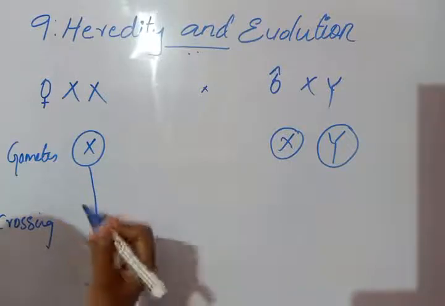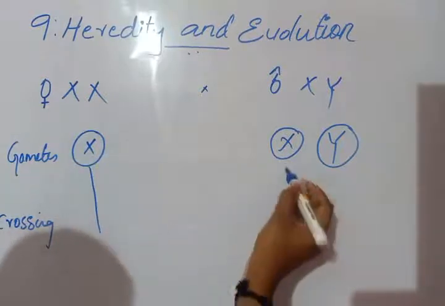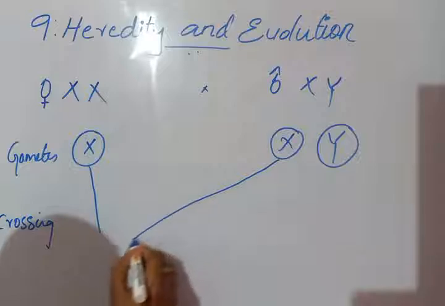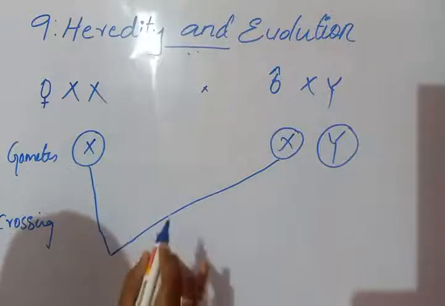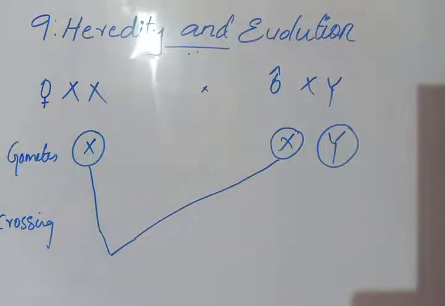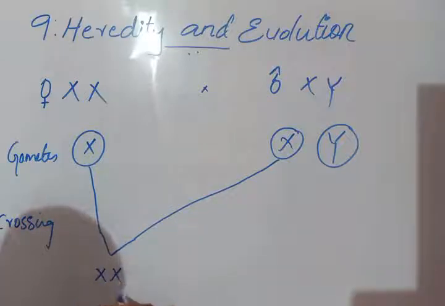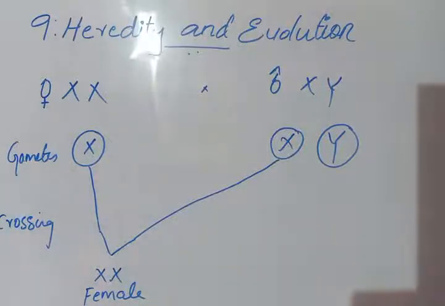Suppose the X chromosome of the female crosses with the X chromosome of the male, it will produce XX, which will be a female child.